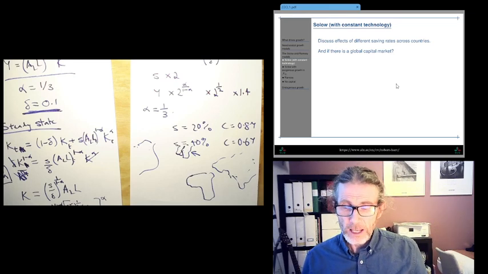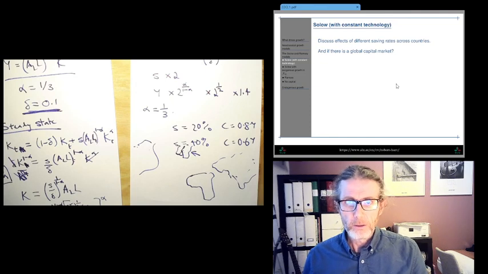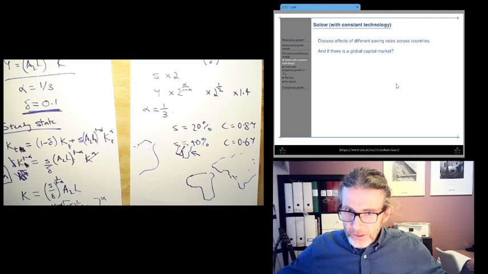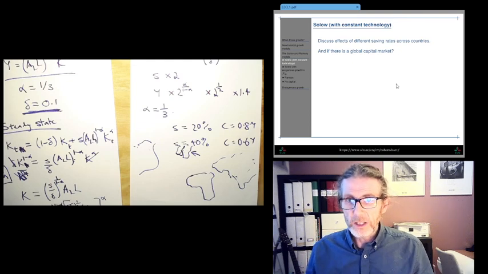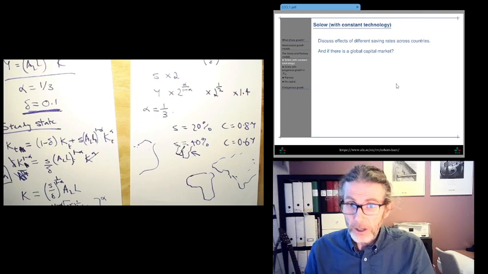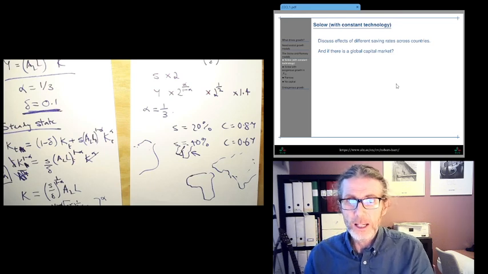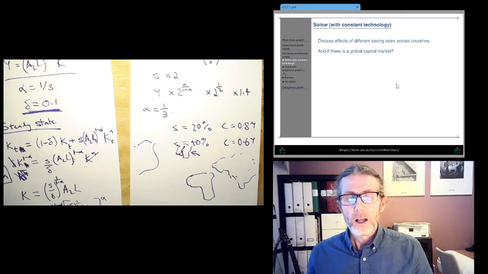If people aren't saving much, there's a shortage of capital. The technology is the same everywhere in the model. So people in the countries without much saving, they're like, oh, give us capital. The firms are like, oh, we need capital. Give us capital. We've got the technology.